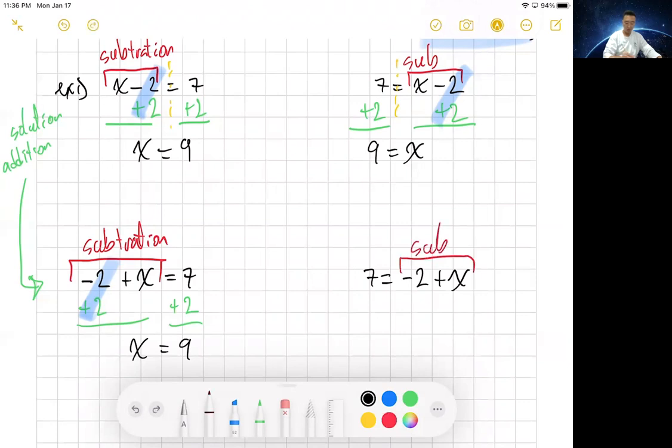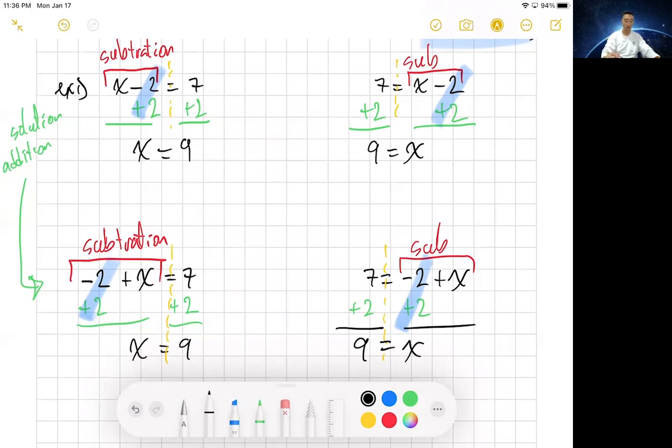Therefore, I'm going to add 2 to both sides. Please line up the equal sign. Very important that you line up that equal sign. I end up with negative 2 plus 2 is 0. The x is, yay, by itself. Here again, 9.